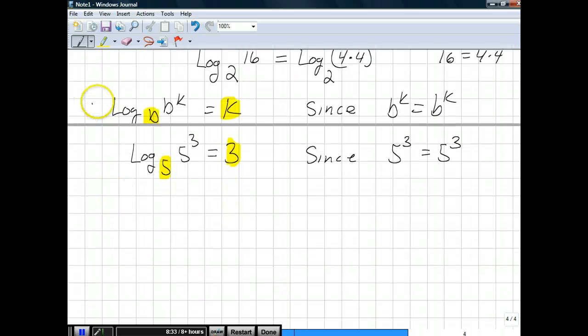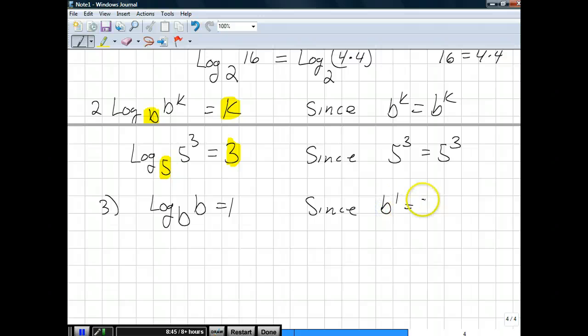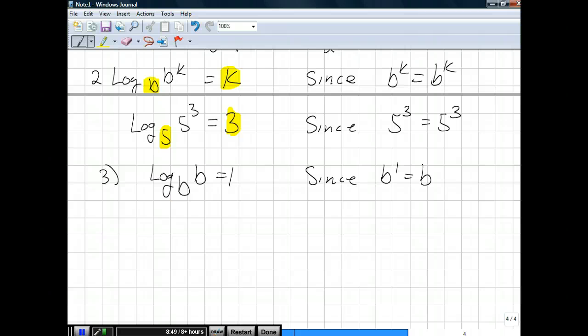Number 3. So that was 2, this is 3. Log base b of b equals 1. Since b to the 1 equals b. Okay? So log base 6 of 6 equals 1.